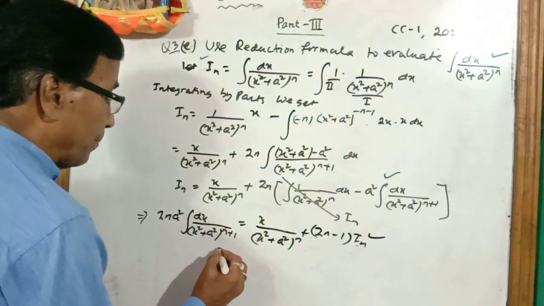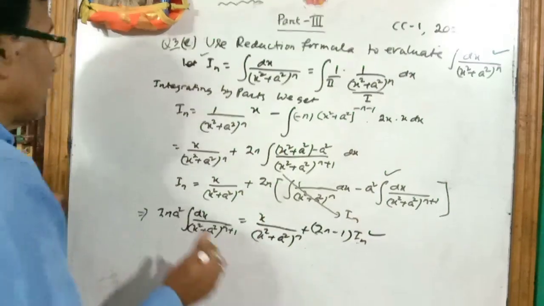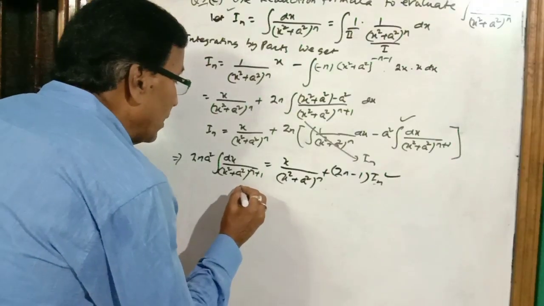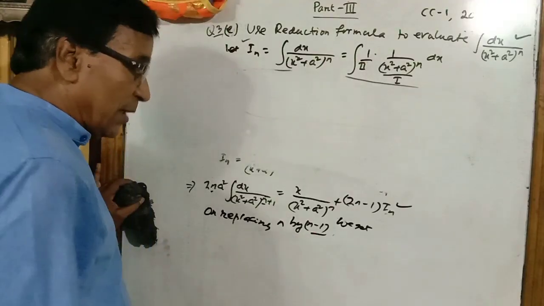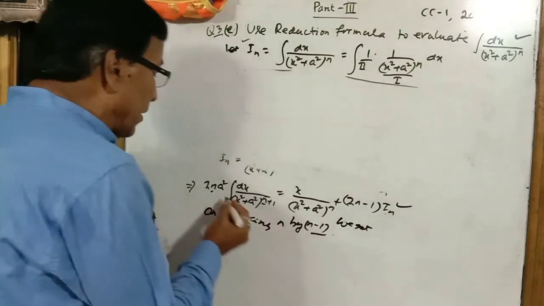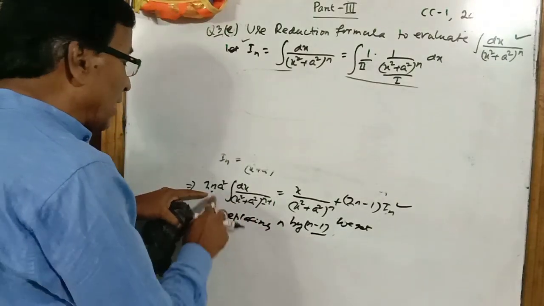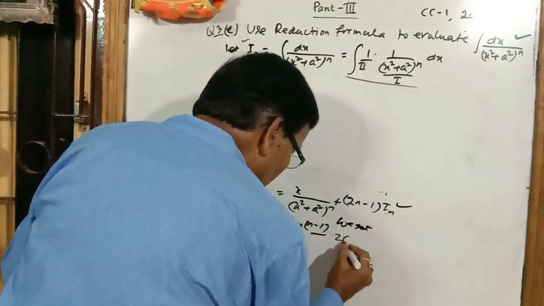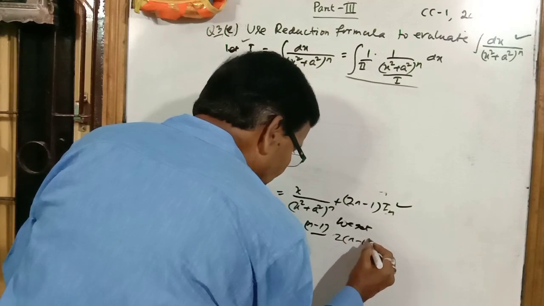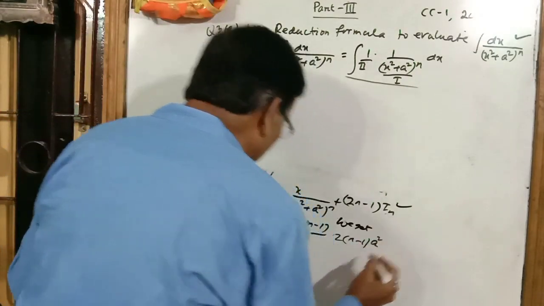Now here you see that on replacing n by n minus 1, that means in place of n we will write n minus 1, we get 2 into (n minus 1) a square.